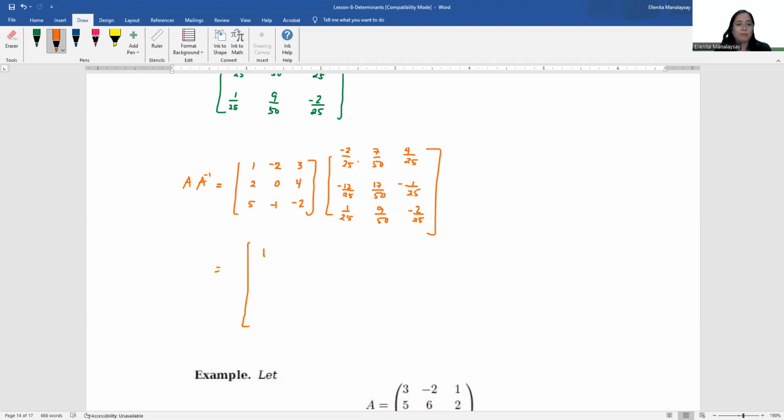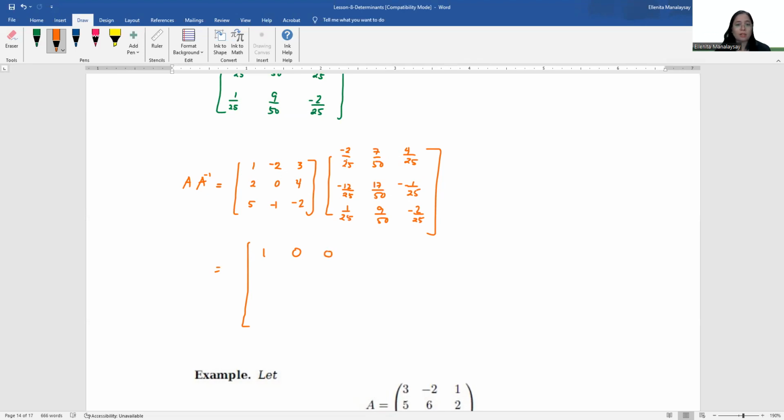Next, o ito naman, puro 50. So, 7 minus 34 plus 27. 27 plus 7 is 34, minus 34, that is 0. Next, dito, puro over 25 naman. Para numerator na lang intindihin natin. 4 plus 2 is 6. 6 minus 6, that is 0 over 25, still that is 0.